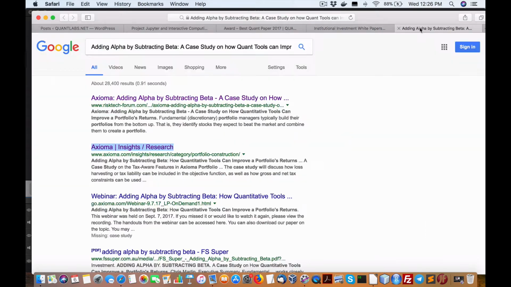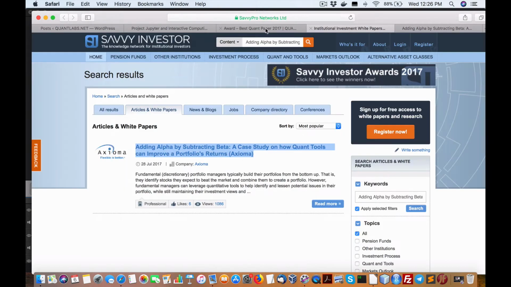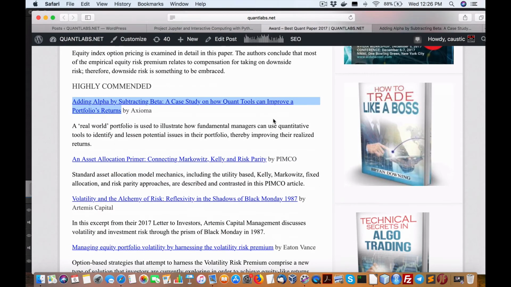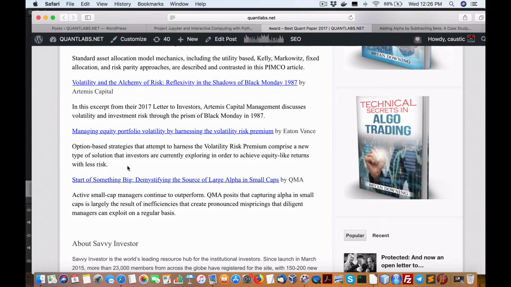So that's pretty cool, and it's very helpful. It's things like that that I find very useful. So as you can see, a lot of the awards are around portfolio.